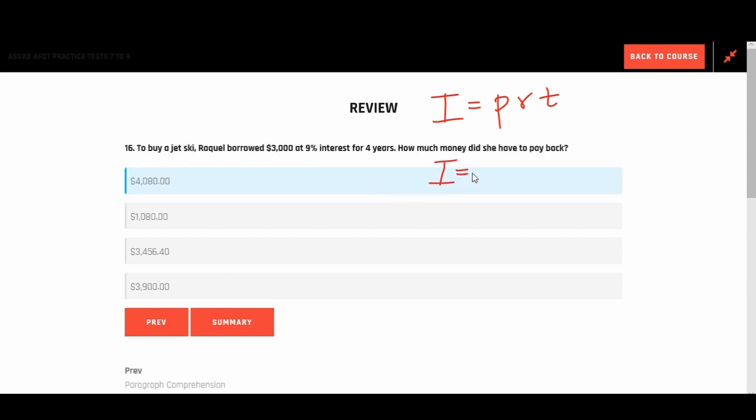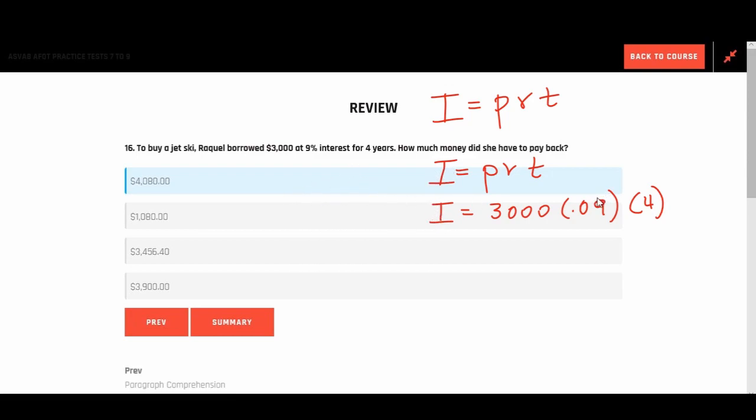Let me just rewrite this down here so we can have some room to work with. We're trying to find out what the interest is. Principal is 3,000. The rate is 9%, which is 0.09, and time is 4 years. Okay, so this is how we're going to find how much interest accrues over 4 years.